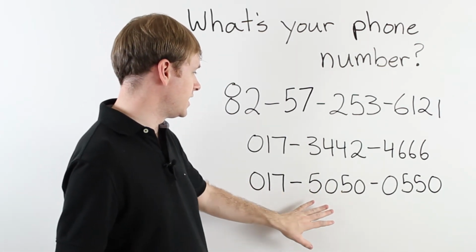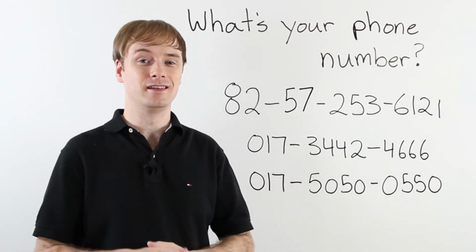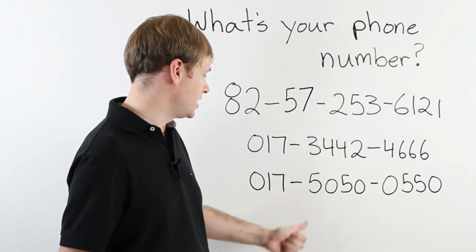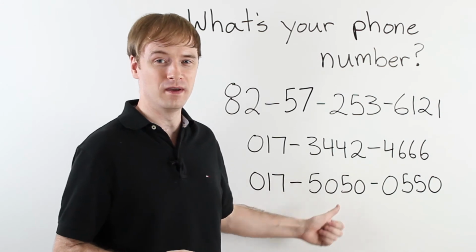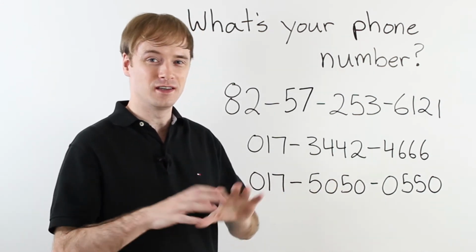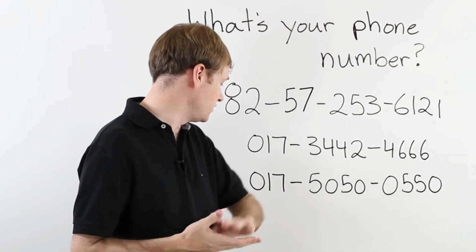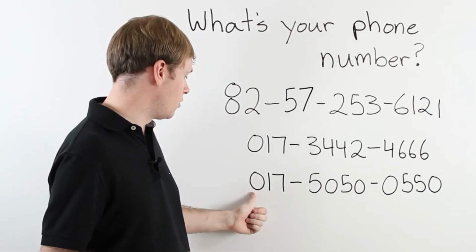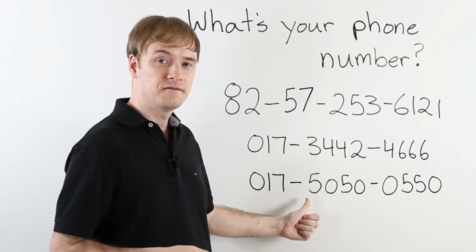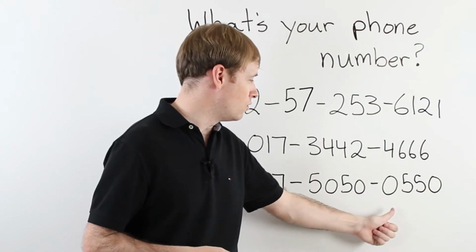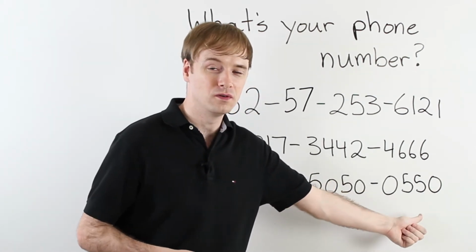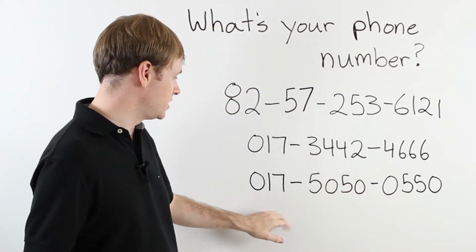Let's move on to the last one. The last one is a nightmare because it has 5 and O. Many 5s and Os to get confused. Don't get confused. So this number, 017 5050 0550, okay?